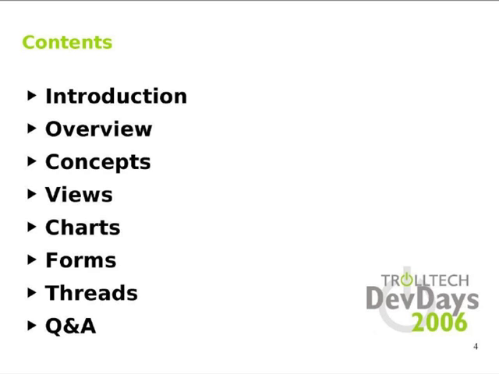Actually, one of the cooler parts of Qt 4 as far as I'm concerned, which is the forms. And finally, on popular demand, I'm going to show you how to use threads in your models. That's a question I've gotten quite a few times, and I thought it was about time I showed you how easy it is and how convenient it is.